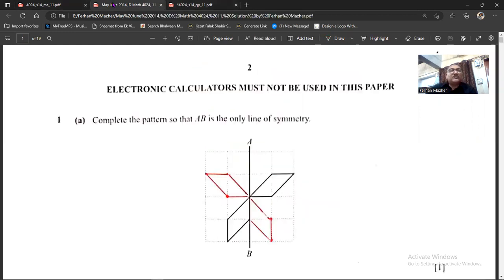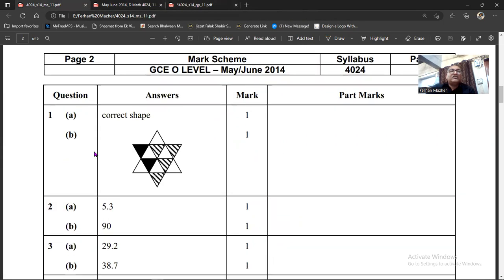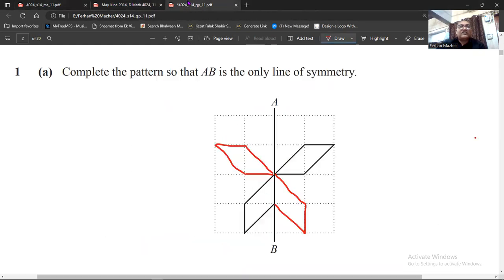Let me show you. Here I have drawn with the help of the scale. I hope you understand, this is reflection. This is the line of reflection, and we reflected each vertex, and then I joined them. So this is the shape which you will get. This is the correct shape, so our answer is right.